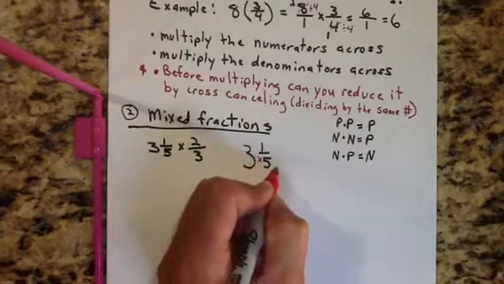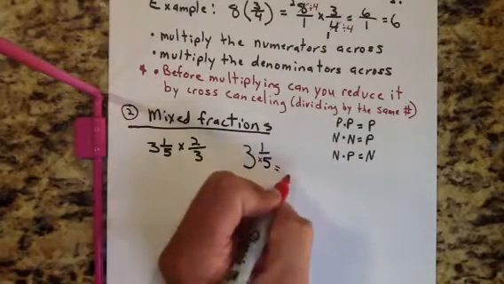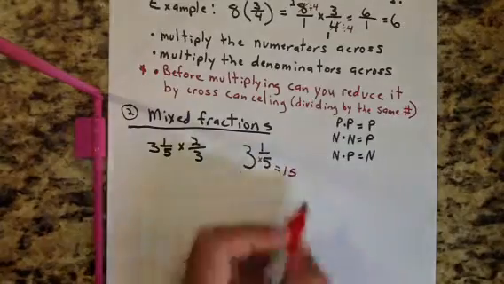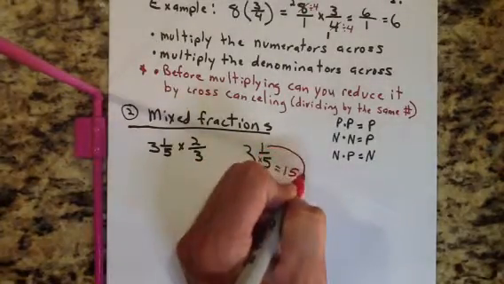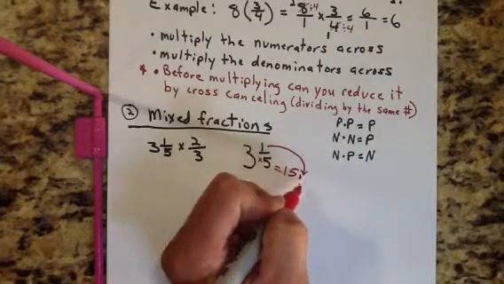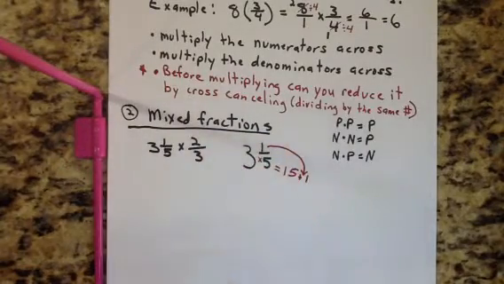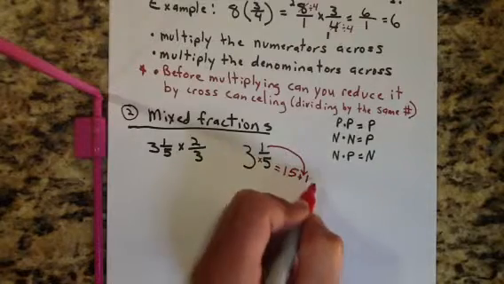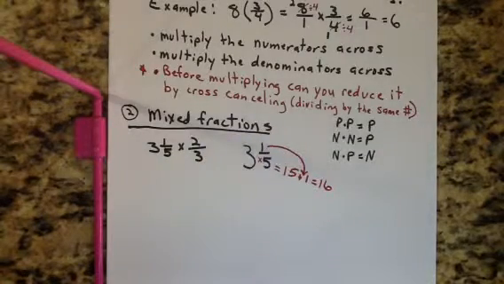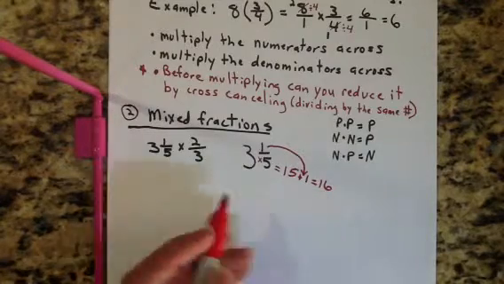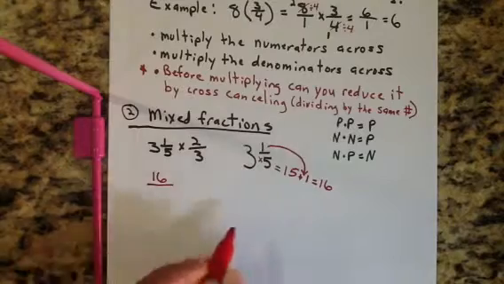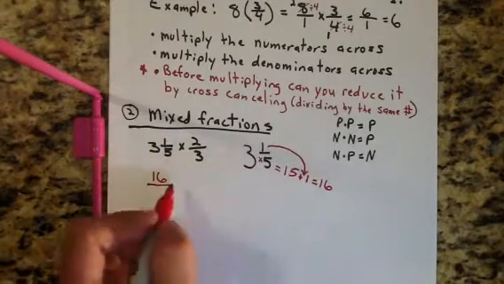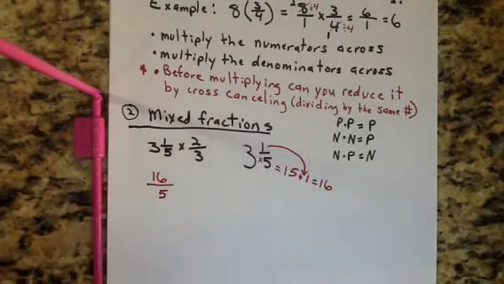So 3 times 5 equals 15. Then we take our 15 and we add the numerator to it, which is 1, making 16. So we take that 16 and we put it over the denominator, 5.